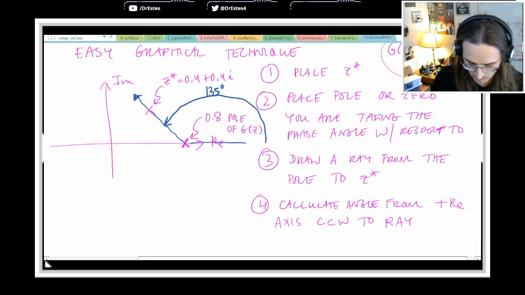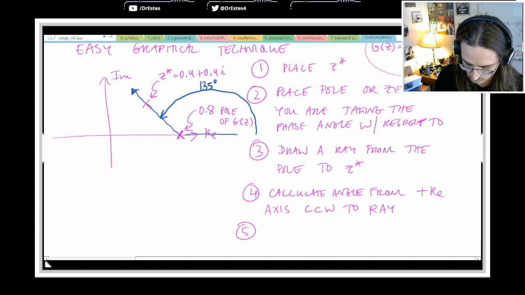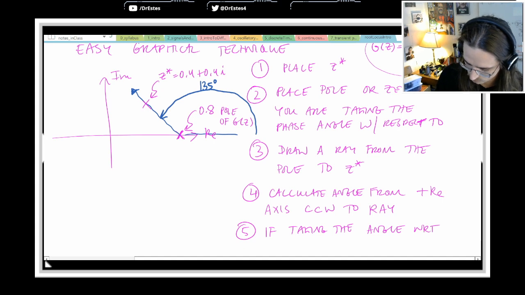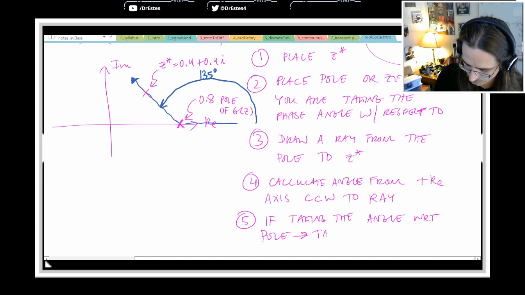Okay, the last step. If taking the angle with respect to a pole, like we are in this case, take the negative of this angle.